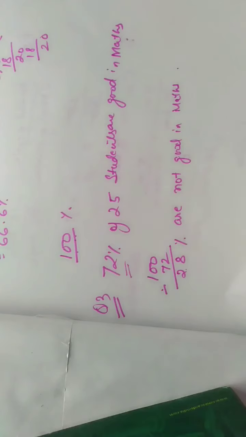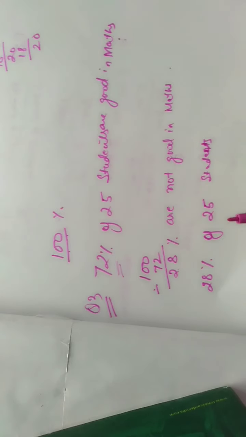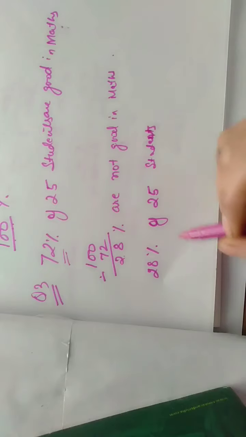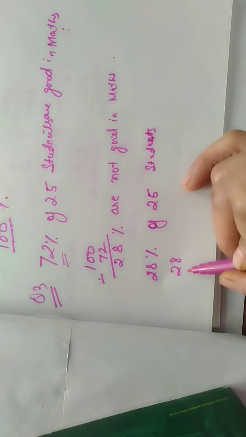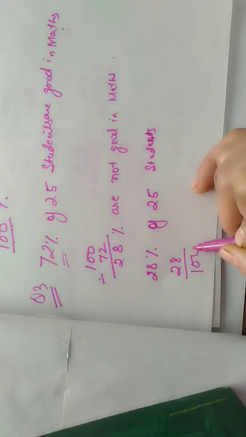We have to find out 28% of 25 students. We convert this percent into fractional form as 28 upon 100.